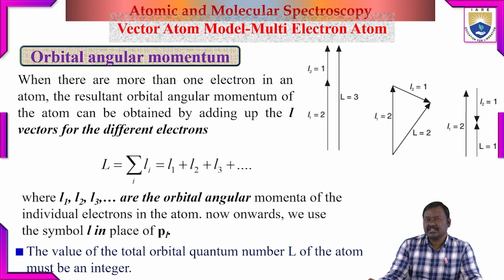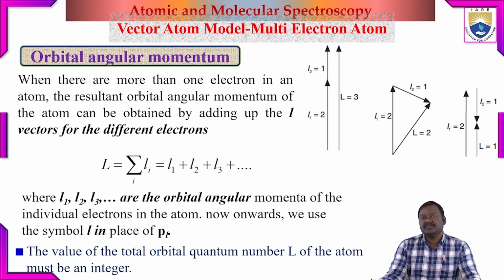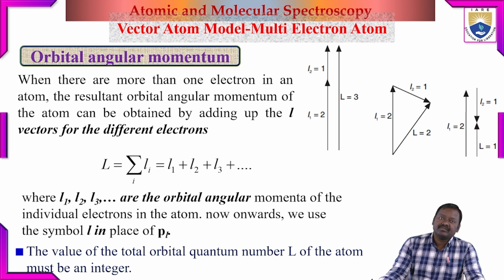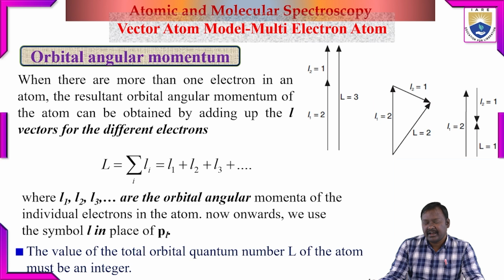All those things related to the structure of the atom and electronic configuration are explained by the vector atom model. The major addition in this model is vector analysis. The addition of orbital angular momentum and spin angular momentum is done by vector analysis.